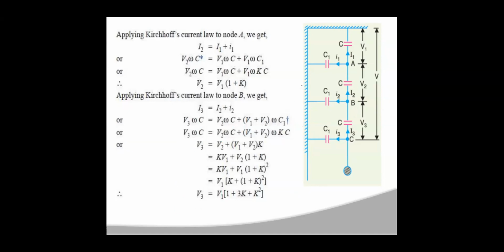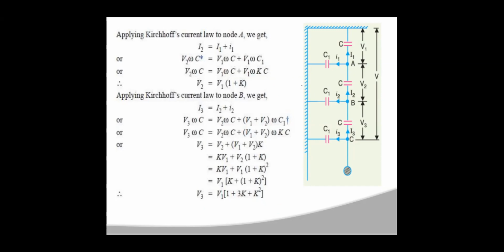You will get V3 is equal to V2 plus (V1 plus V2) into k. In place of V2 you can write V1 into 1 plus k. Then in all the terms you have V1 as common. When you take V1 as common, the final equation is V3 is equal to V1 into 1 plus 3k plus k square.